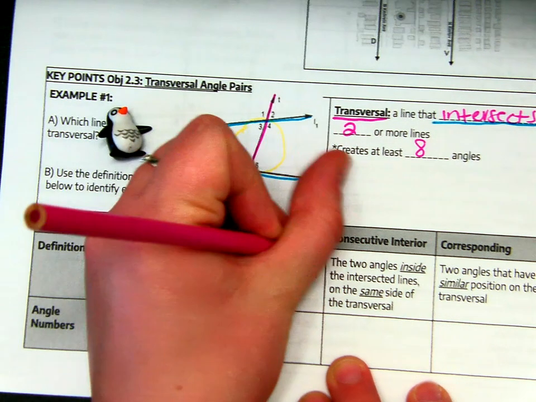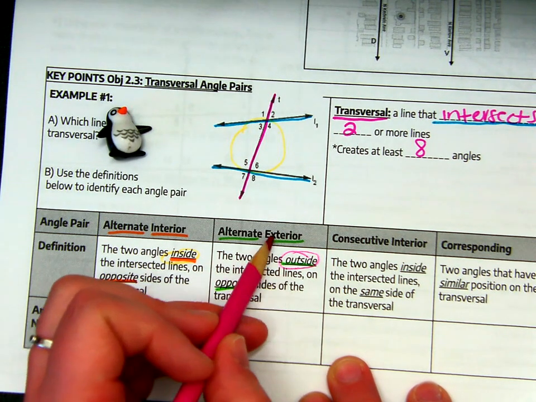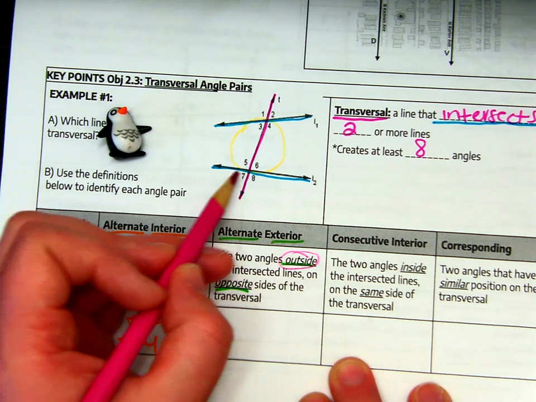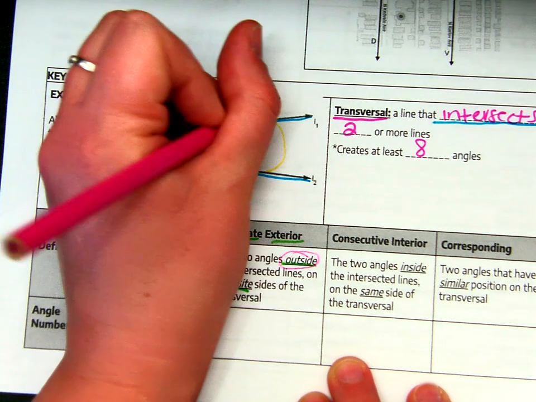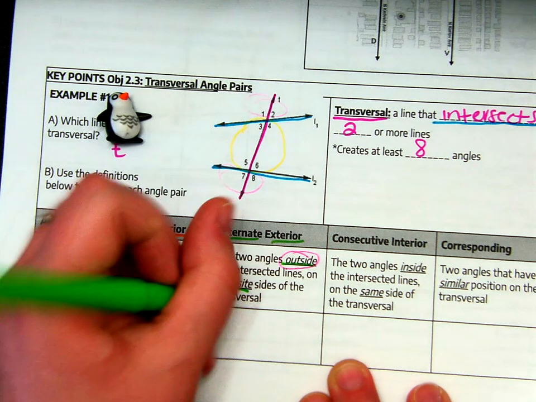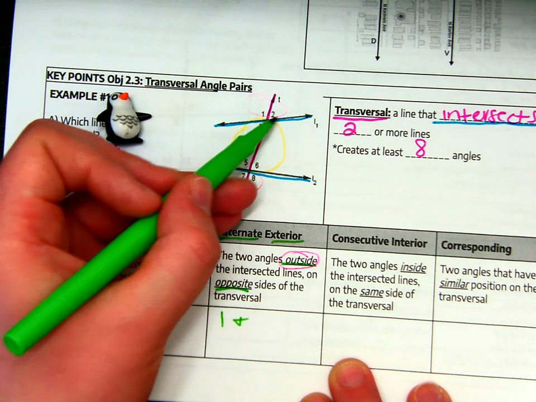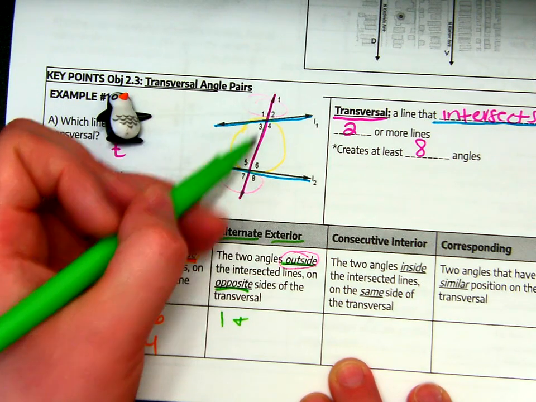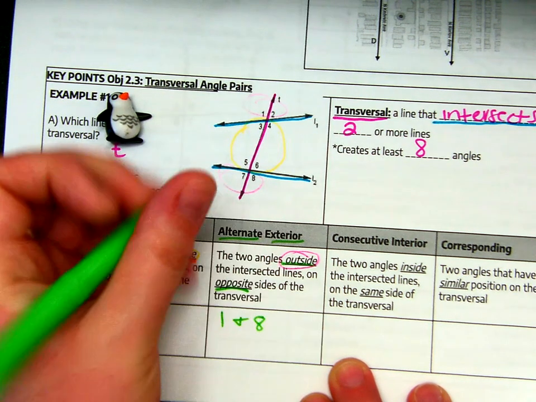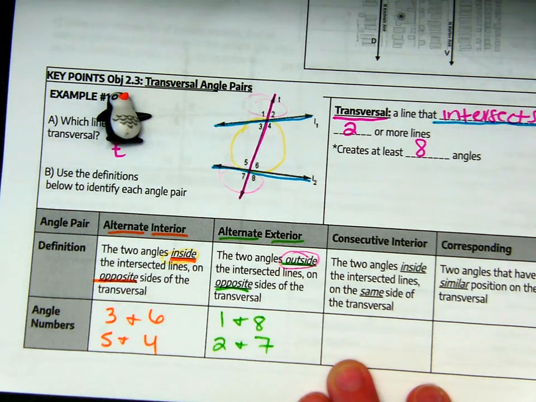Alternate tells you they are on opposite sides of the transversal, and exterior tells you they are outside the intersected lines. When I say outside, I'm talking about this space out here: 1 and 2 and 7 and 8. You might be tempted to say 1 and 2, but again, 1 and 2 are a linear pair. So it's 1 and 8, and then 2 and 7. All those angles in those positions.